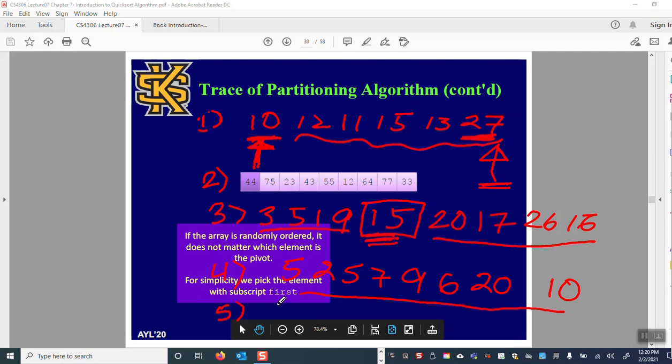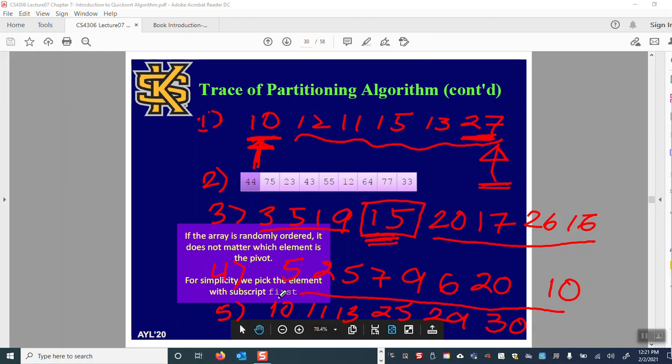Another worst case might be over here. For instance, I have a given array like 10, 11, 13, 25, 29, 30, and so on. All of the elements are already sorted in ascending order, but we want to sort it in a different order, like descending order.